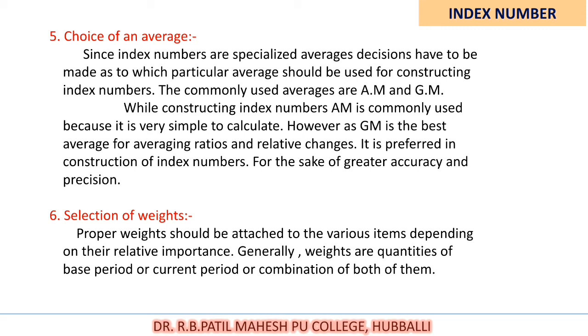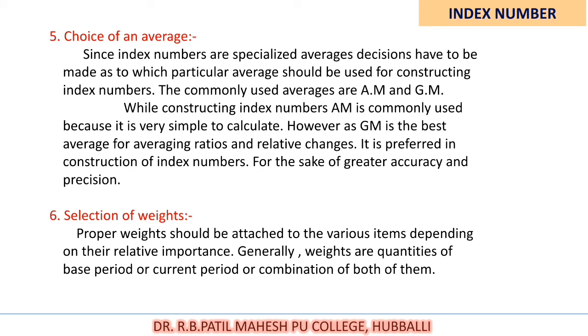Weights are generally quantities based on the relative importance of the commodities. We have to choose the quantity, it may be 50 kg or 100 kg. If we choose 100 kg in the current period, in the base year also we have to choose the quantity as 100 kg.